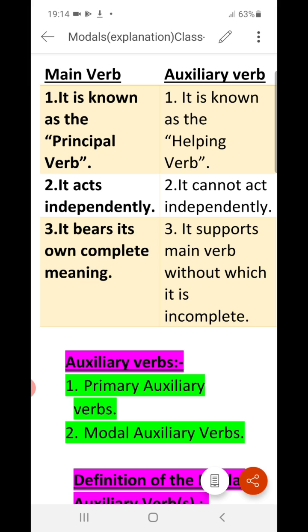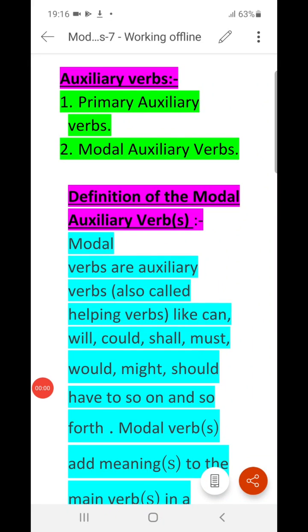It cannot provide help to a sentence alone without the existence of the main verb. Auxiliary verbs are basically of two kinds: primary auxiliary verbs and modal auxiliary verbs.